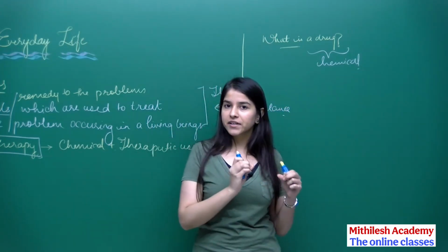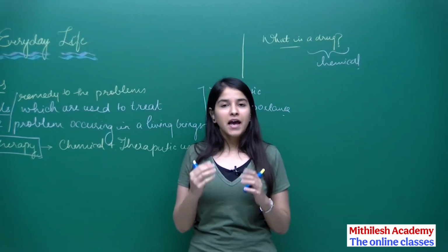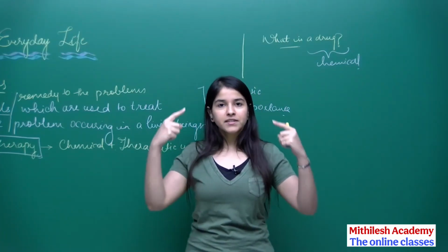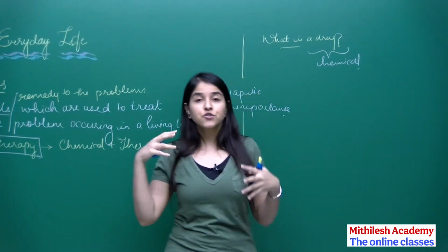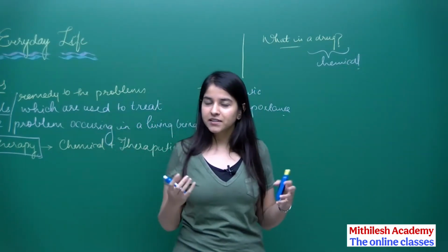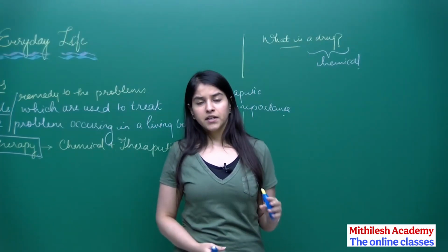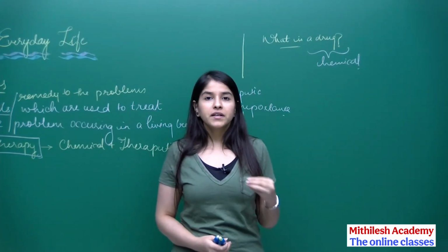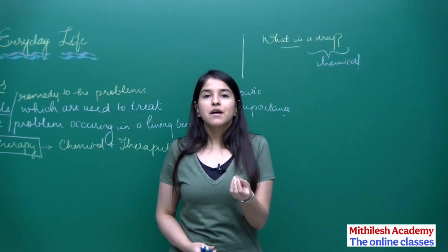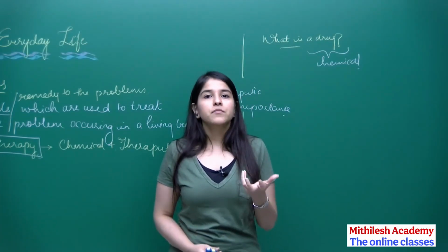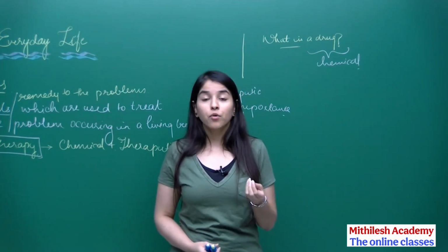Whenever it has a side effect, or behaves as a neurological stimulant that stimulates your brain activity, it could be a negative kind of drug. Take the example of marijuana. What is it? It is a chemical which is obtained from the poppy plant, poppy seeds.